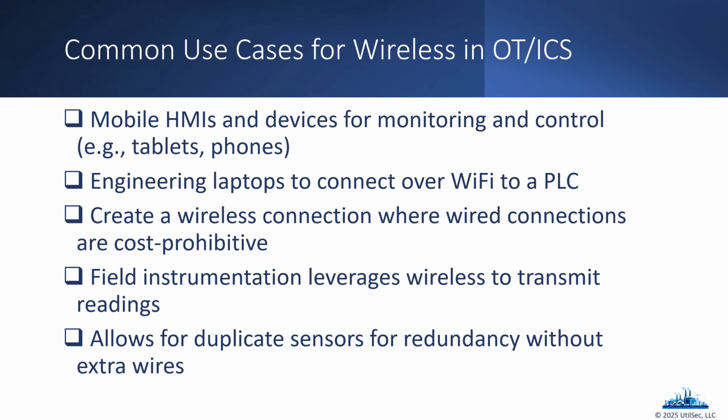Well, then we're blind for whatever the sensor was monitoring. Well, that's why we can have two sensors. But if I have two sensors, or any unit or system for redundancy, then I have to have two cables, two wires. Well, if it's wireless, I don't have to worry about it.